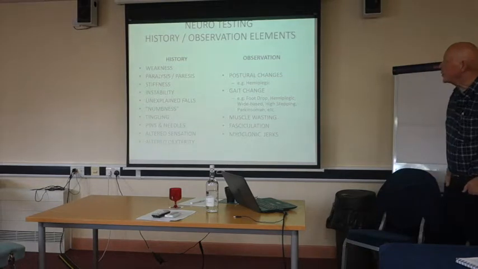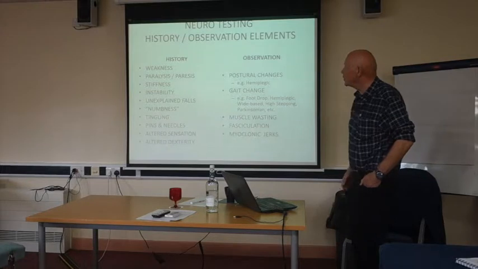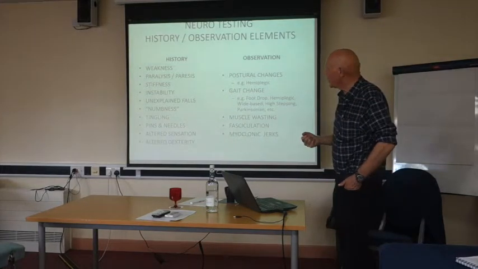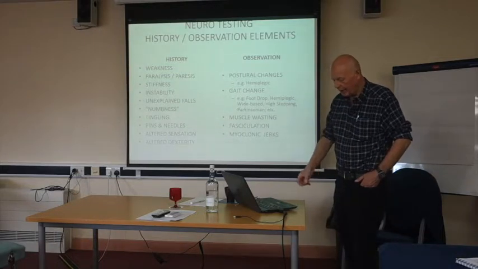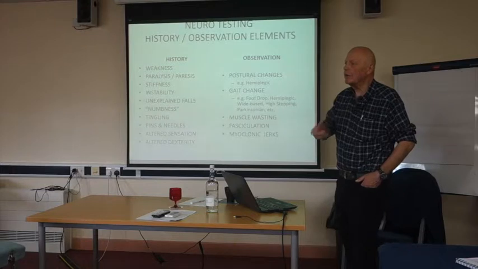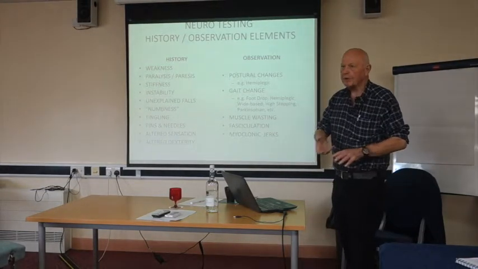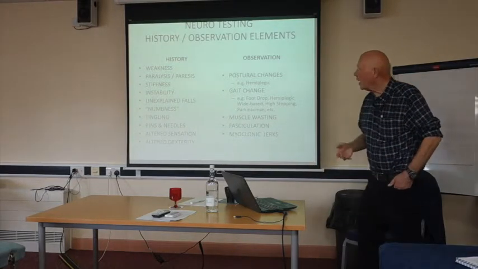So, in the history, what sort of things would make you think of a neuro test? If they talk about unexpected weakness: I can't hold my teacup anymore, I keep dropping it, I used to be able to open bottles easily, now I can't.